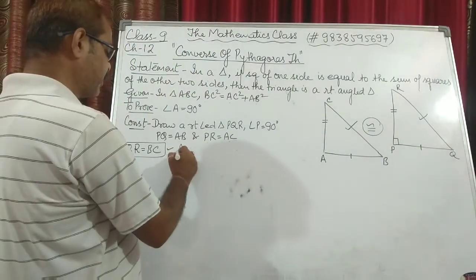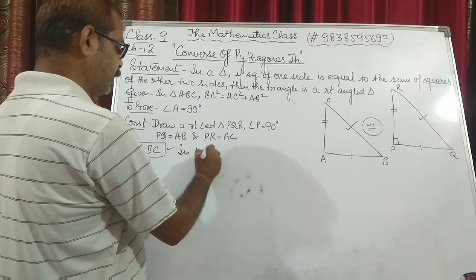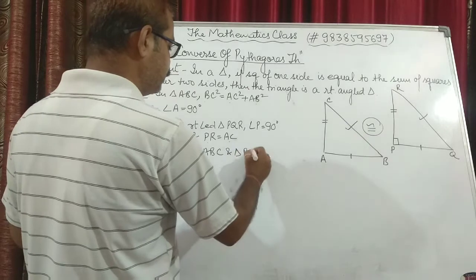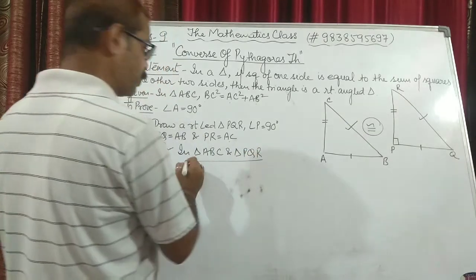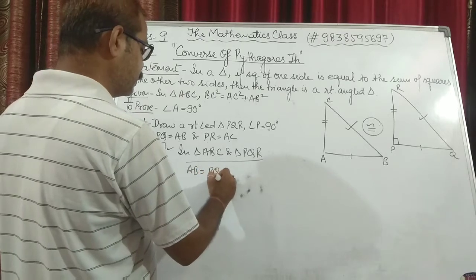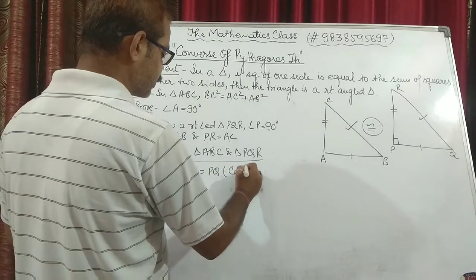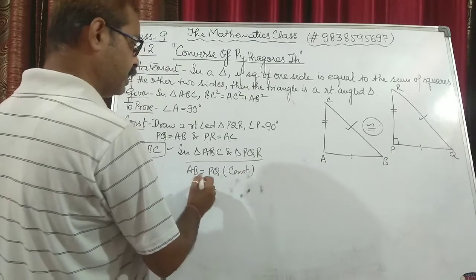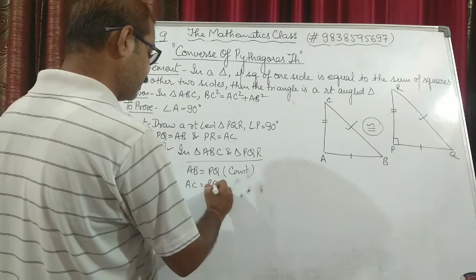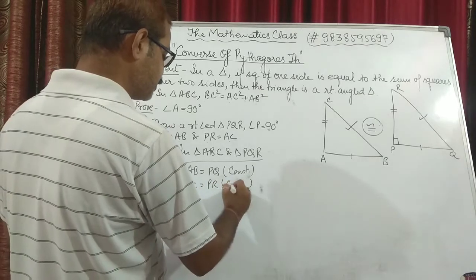How? For that we will write, in triangle ABC and triangle PQR, what can you say? First thing you can say that AB is equal to PQ. Why? By construction, because we have drawn. Then we can say that AC is equal to PR. Why? Again by construction.